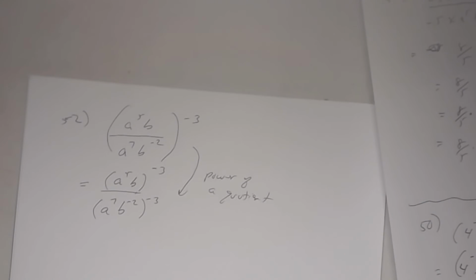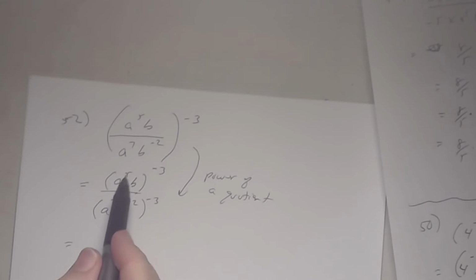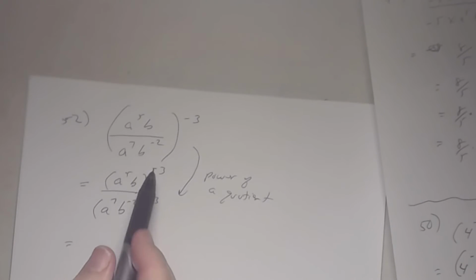All right. Now look at what we have now. What rule do you think we're going to use next to simplify this? Power of a product. So both the numerator and the denominator have a product. So the power of a product, and you see I'm doing all the steps. Power of a product says I take each factor and I raise it to the exponent.